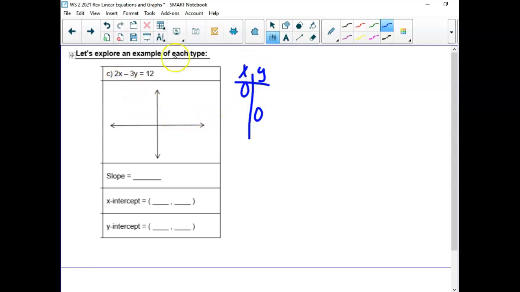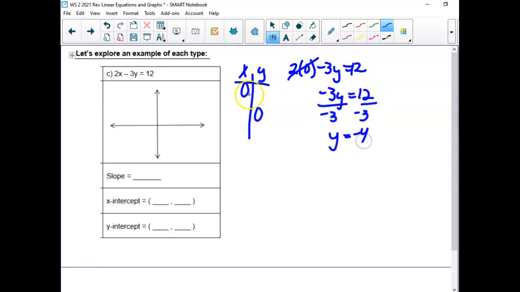If I put in a 0 for x, it'll say 2 times 0 minus 3y equals 12. Which would just be -3y equals 12, which would become what? -4. So that's 0, -4, which is across 0 down 4. So that is actually the y-intercept.